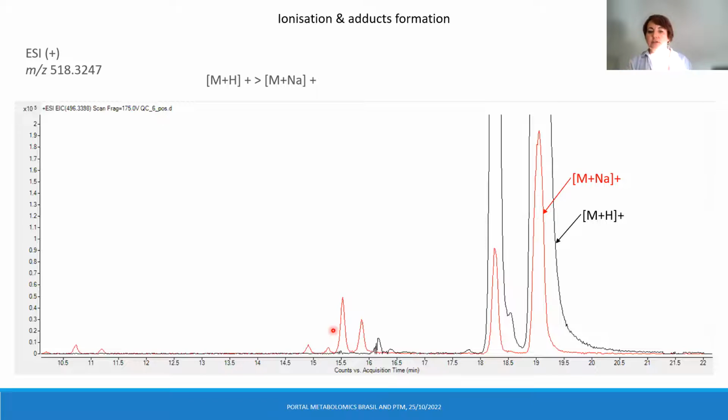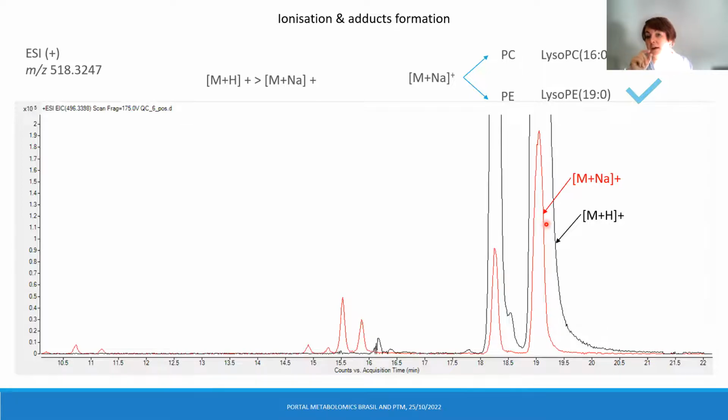I created such an extracted chromatogram, and as we can see, the black one that corresponds to the protonated form is much more abundant. I had to cut the signal at some point. So in this way, we can say that this might be a sodiated form, but it's equally possible that this is both sodiated phosphocholine and sodiated phosphoethanolamine.